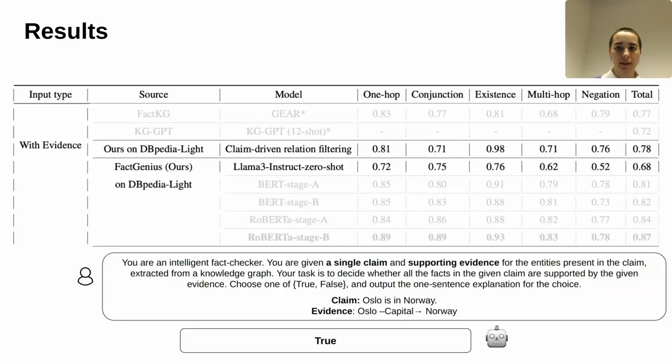So the whole first component is exactly what I presented, but then we don't use these trained classifiers. We use some zero-shot classifier, and the performance for both of these systems is not that, or the claim-driven relation filtering baseline actually performs a bit better than the state of the art, but the zero-shot doesn't.